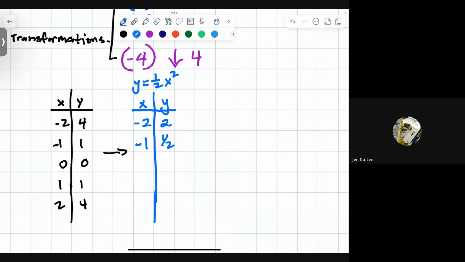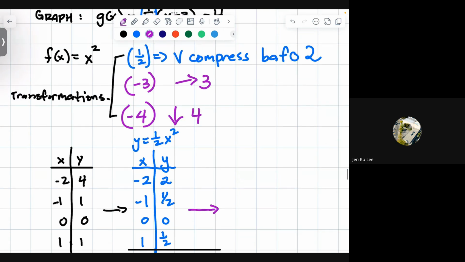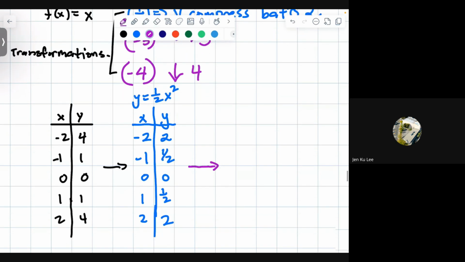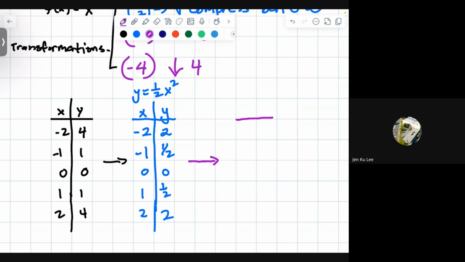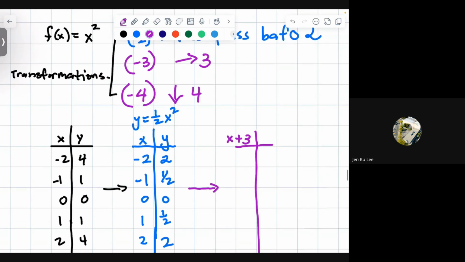I'm going to multiply my y value by a half to get 2. All right. And now here, we're going to move it to the right 3, down 4. If I move something to the right, that means that my x value is going to be adding 3. If I move it down 4 units, my y value is subtracted by 4.